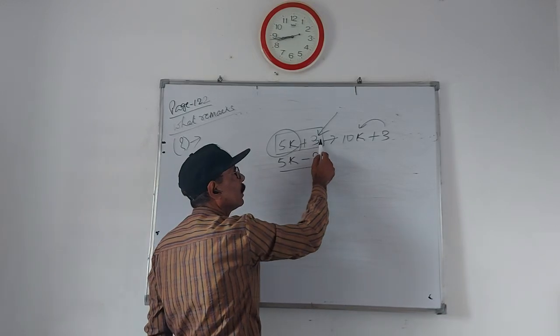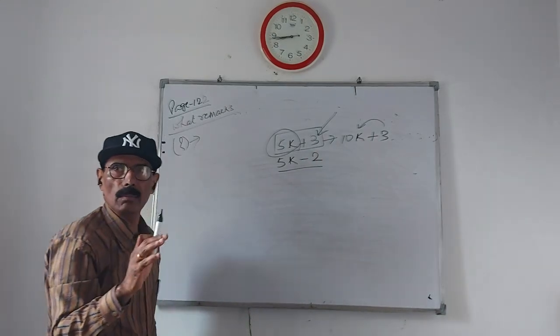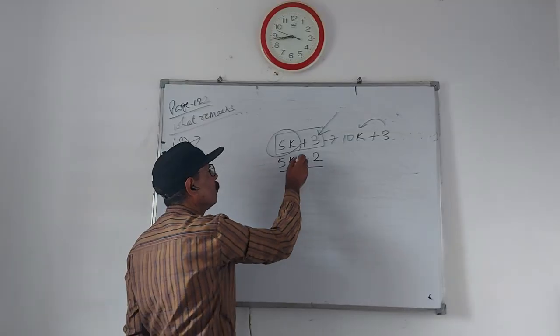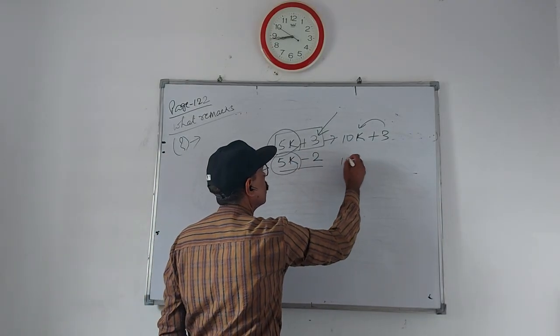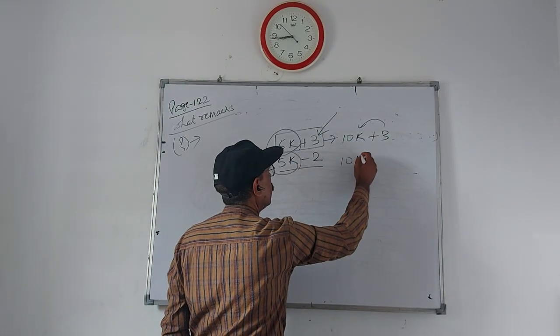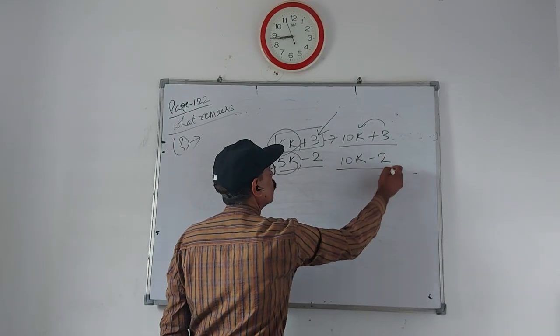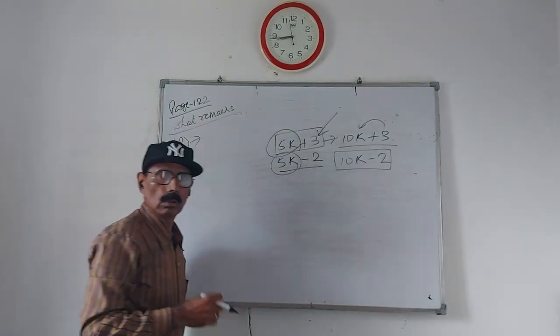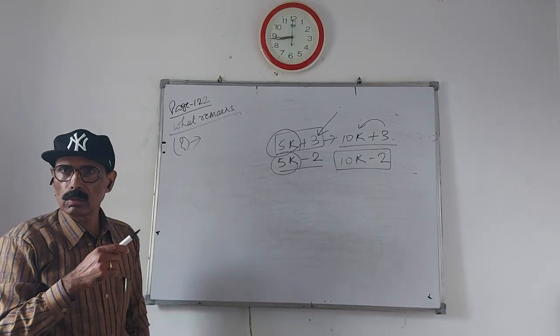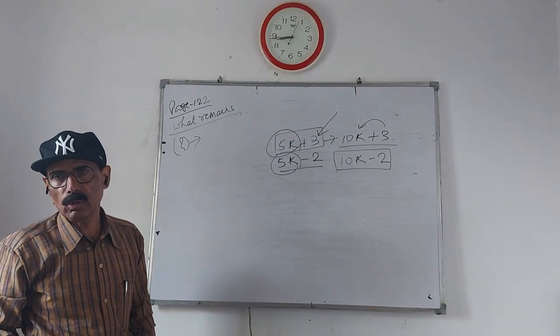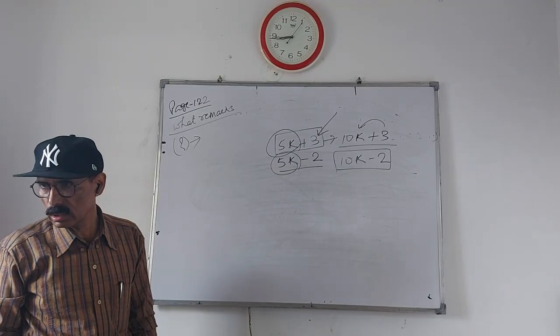The remainder you have to write the same for another equation. So here, same way, this is double. So 10k minus 2. Okay? Two more equations you got. Like this, you can multiply the multiple 2 times, 3 times, 4 times, whatever you want. A different equation you can get.